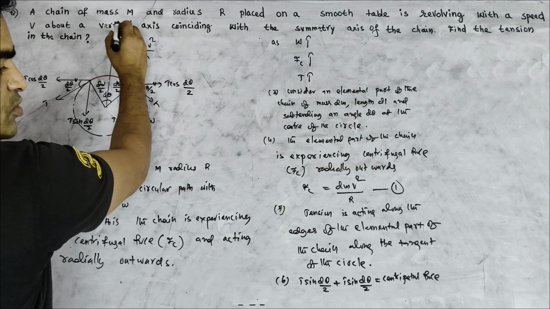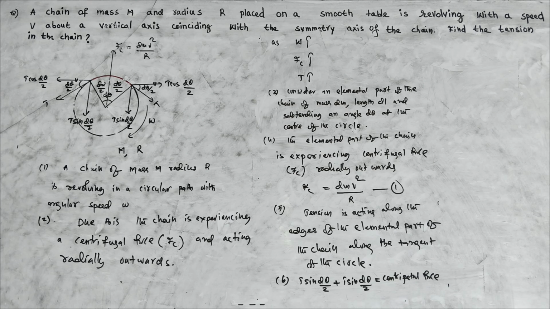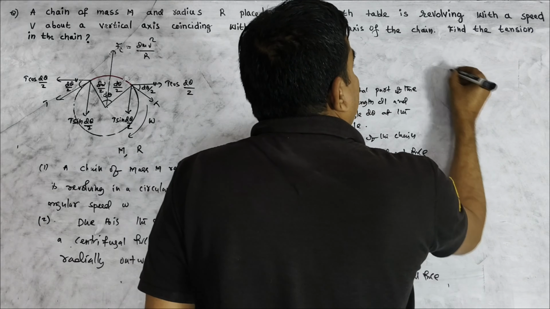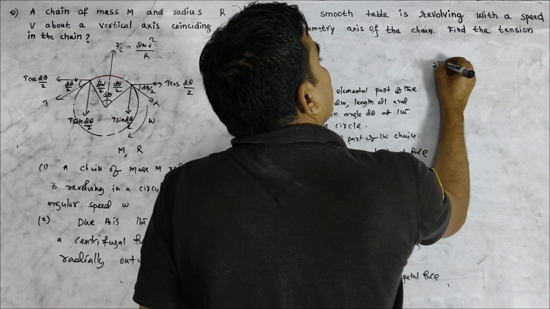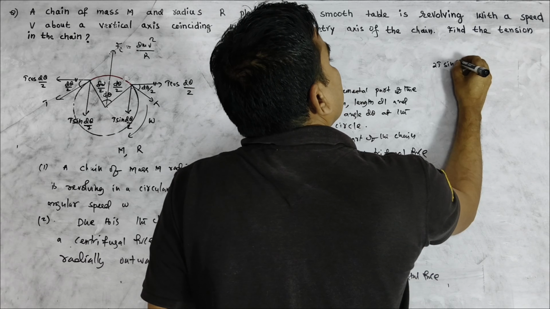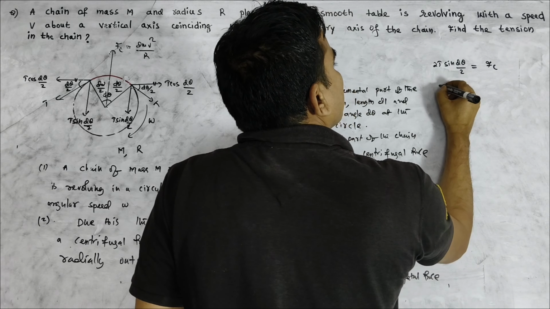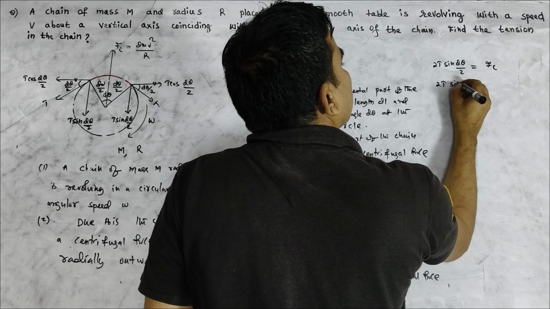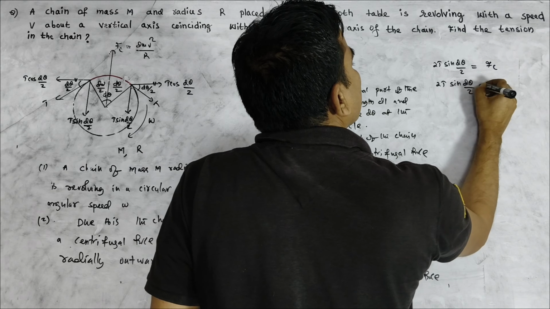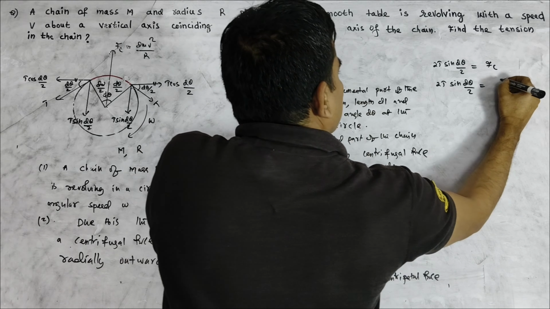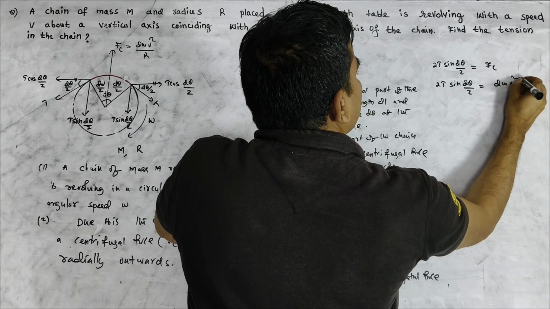So 2T sin d theta by 2 is equal to the centrifugal force, dm v square by r.